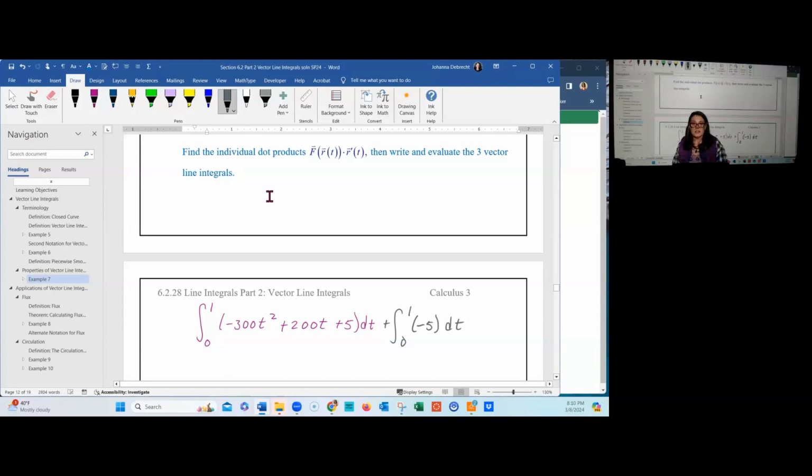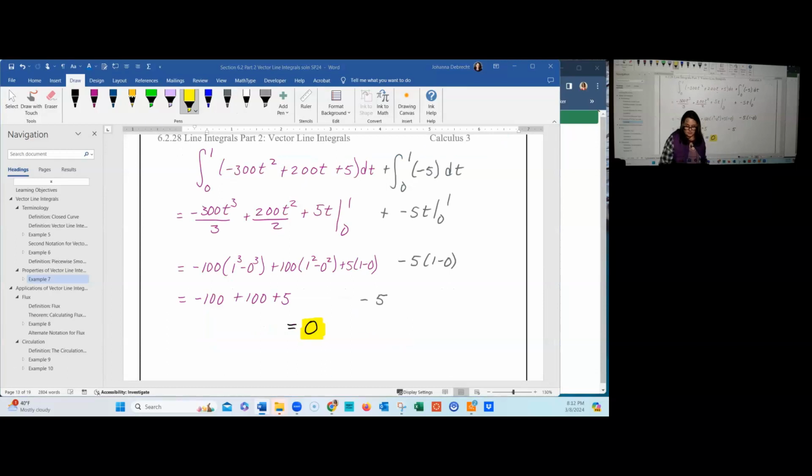Go ahead and pause the video to work this one out, then turn the video back on and we'll compare our results. When we integrate over C2, we find that we end up with negative 300t cubed over 3, which reduces to negative 100t cubed. When we substitute the limits of integration, we get negative 100.